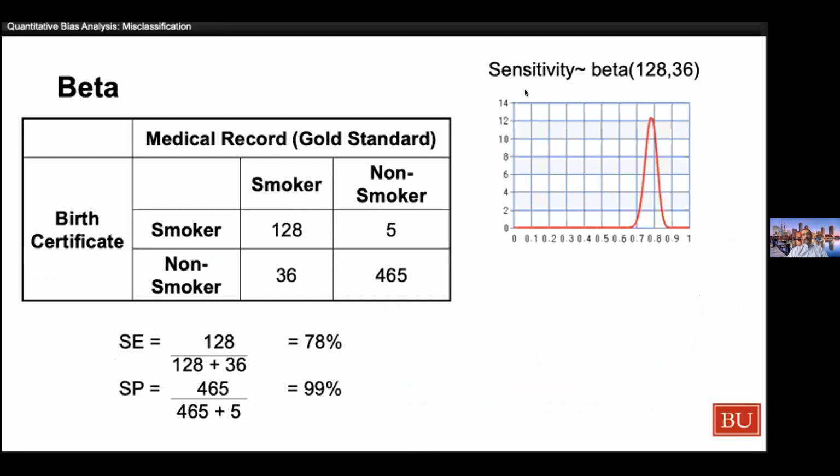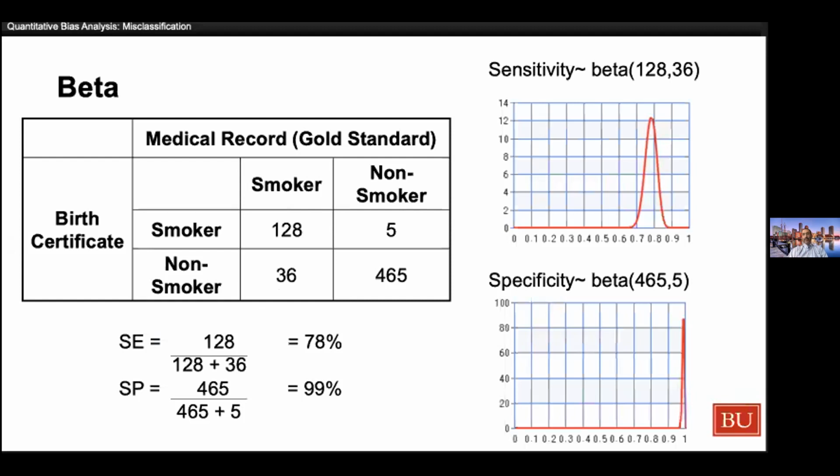So here for sensitivity, I can use the number of correctly classified people as my alpha parameter. I can use the number of incorrectly classified people as my beta parameter, and I'll get a distribution that ranges between 0 and 1, but is centered on the value that I got in the validation study of 0.78. Or I could do the same thing with specificity.